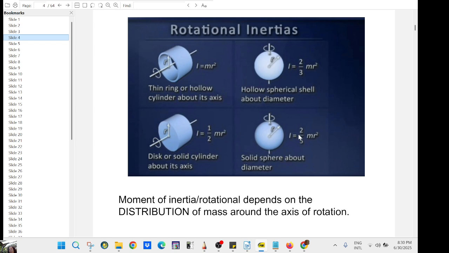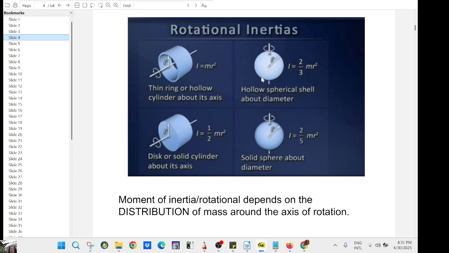So that will be 2/5, which is 0.4. This one is 0.5, so that will be the second one. It's close because you still have mass close to the axis of rotation. This is 0.6 because it's hollow, and this is the worst here.